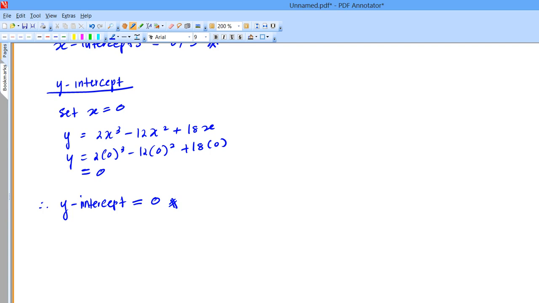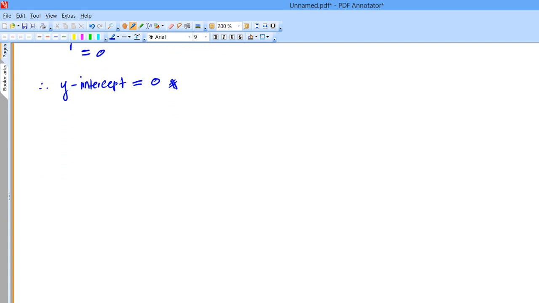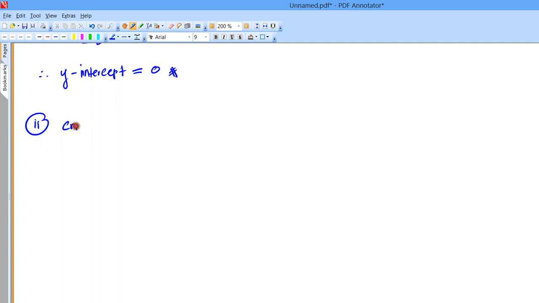Okay, now we move to critical point. 2 Roman, how to find critical point. The critical point must be in point (x, y), and x here refer to critical values.